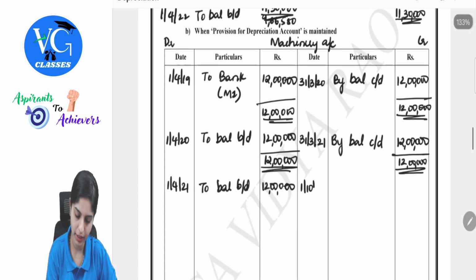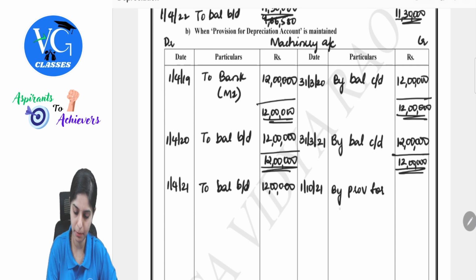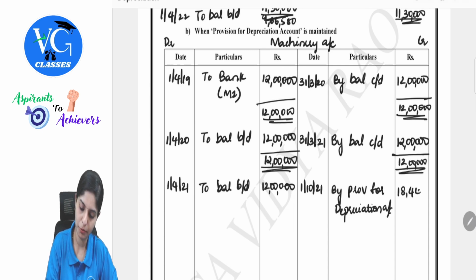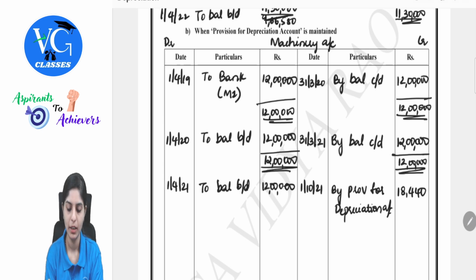1st October 21, by provision for depreciation account 18,440. Now with respect to this, there is a sale also happening.